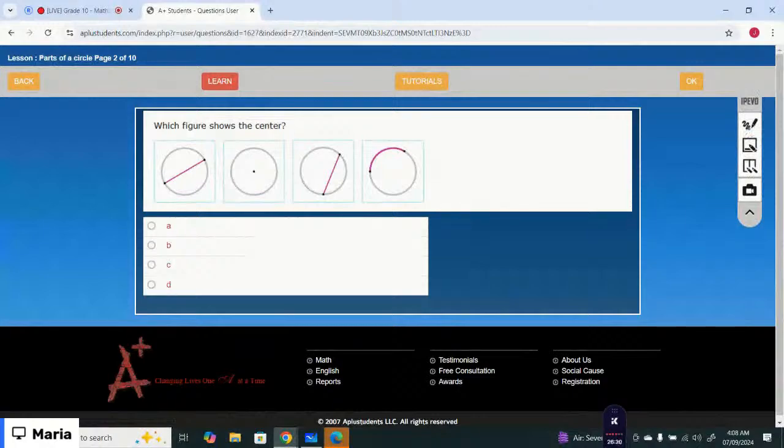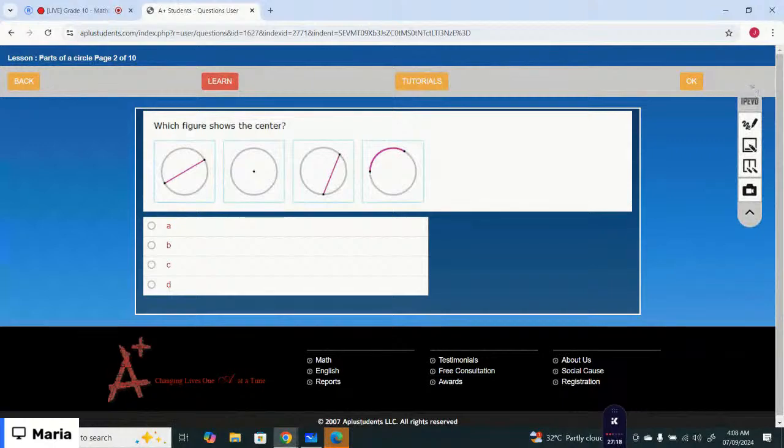Okay, which figure shows the center? Which is the correct option? B is the center of the circle, right?